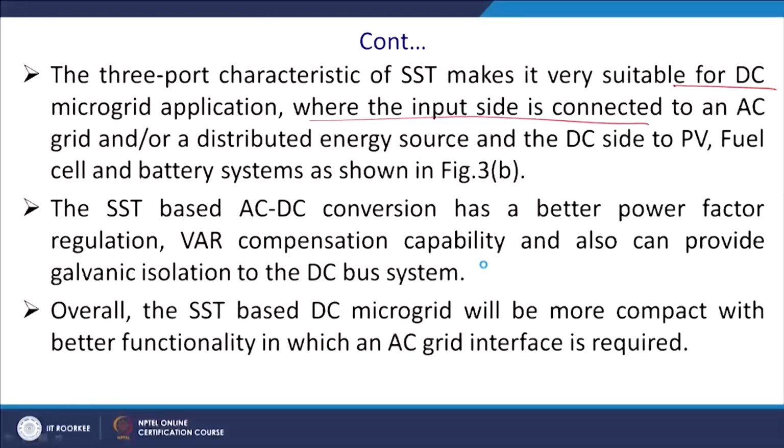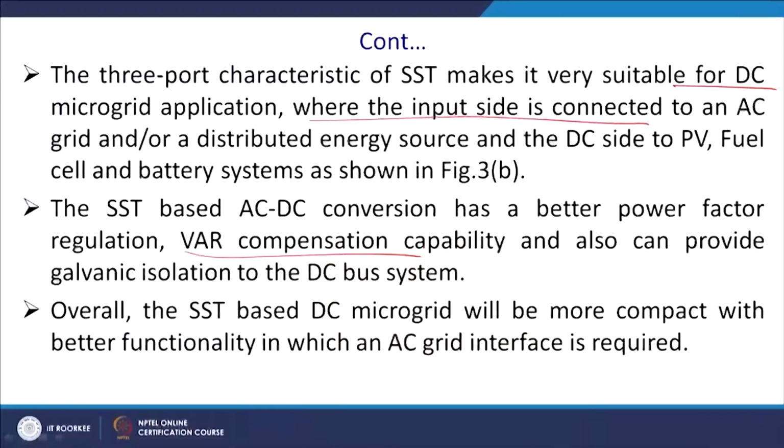The SST based AC to DC conversion is a better power factor regulator, because we can have control by the active rectifier. Also for VAR compensation, we can employ the PQ technique, and it can also provide galvanic isolation in the DC system. For this reason, the research topic has totally shifted to the second topology of 3b.